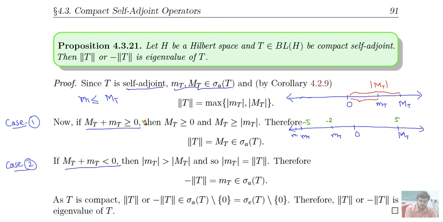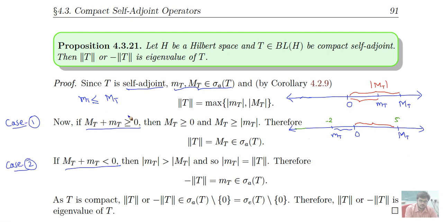So small mt cannot be here. Very small mt, we have to take care of the distance, and the distance of small mt is this, and it must be smaller than this, right? I hope this makes sense, because the addition is greater than 0.